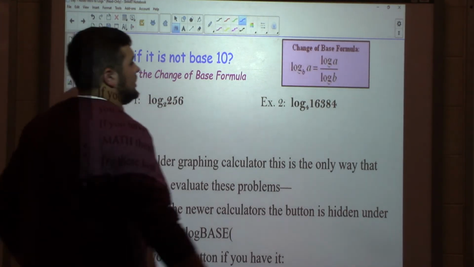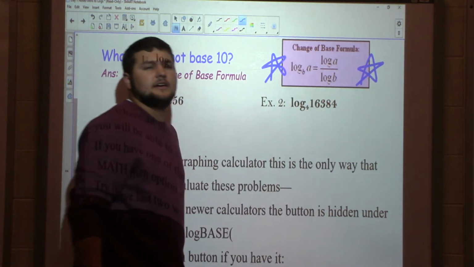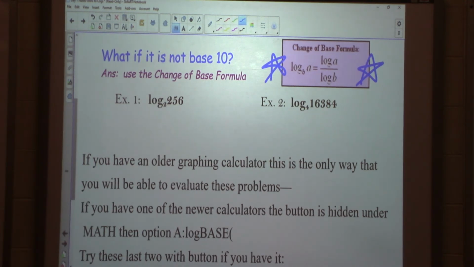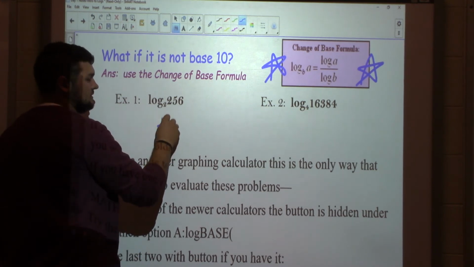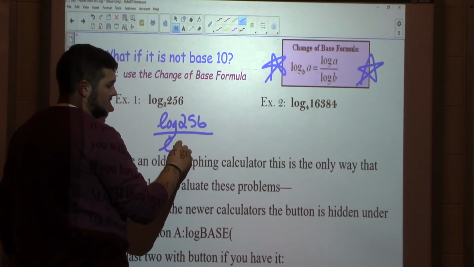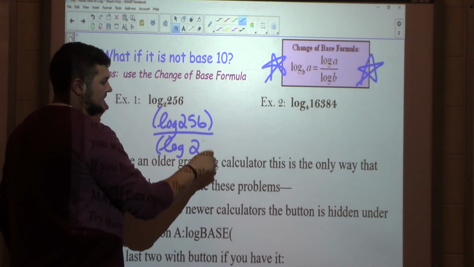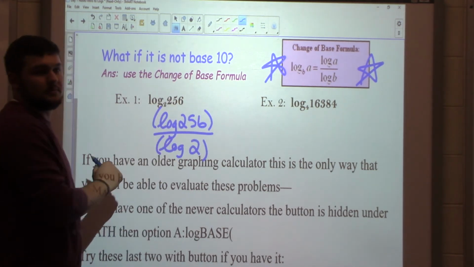You're going to use what we call the change of base formula. Log base b of a is the same as log of a divided by log of b. So if I want to do log base 2 of 256, I could also do log of 256 divided by log of 2. Older calculators, you cannot put that in, so you have to do the change of base formula.